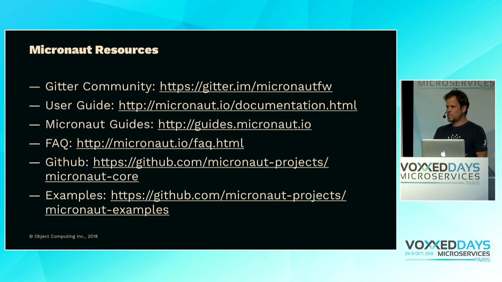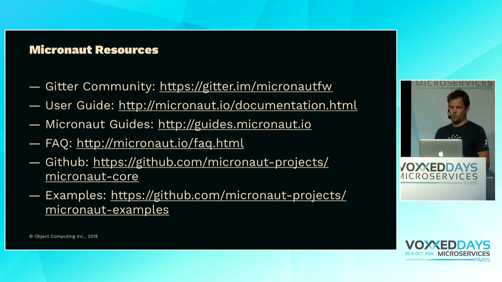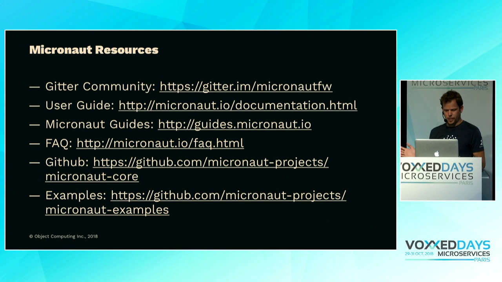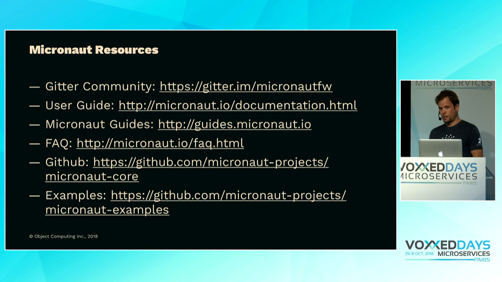We're already getting significant traction. We've been blown away by the response to Micronaut. It's really scratching an itch a lot of people have with Java applications consuming too much memory. And I think it's going to revolutionize how people think about framework design for Java.